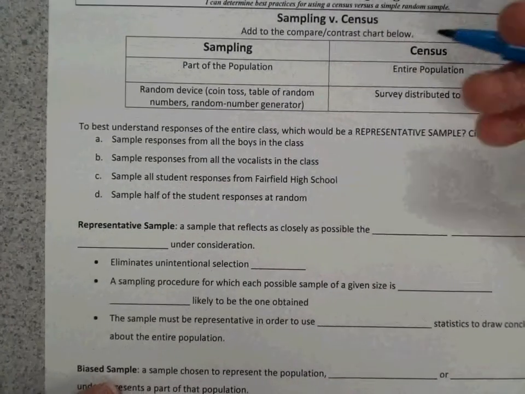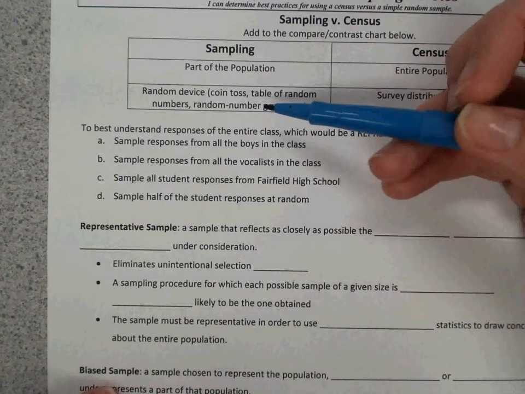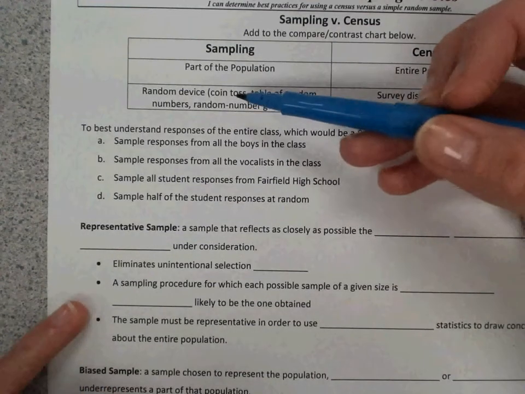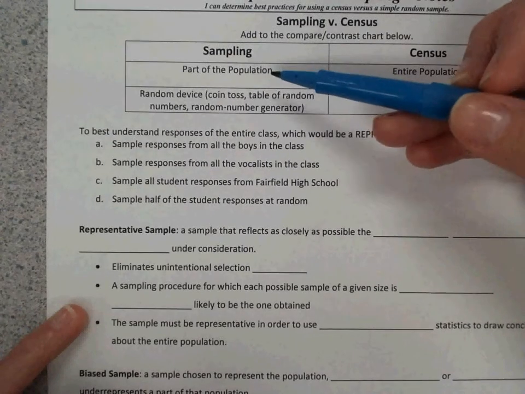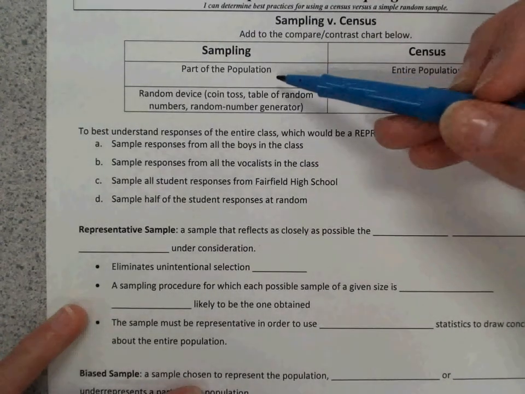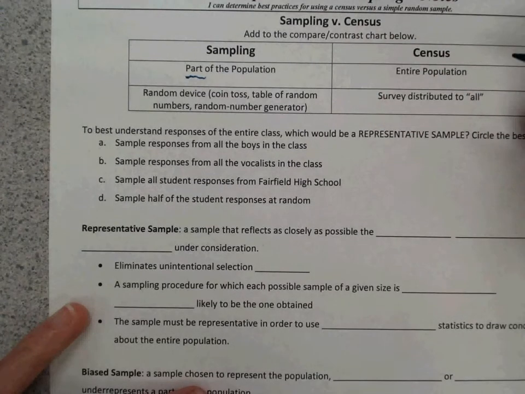Now, sampling is when we take a part of the population. So we often use a sampling to draw conclusions about the population, just by surveying part of the population.